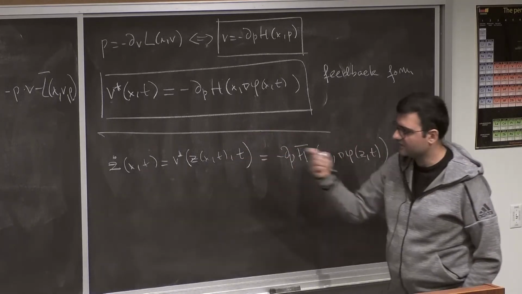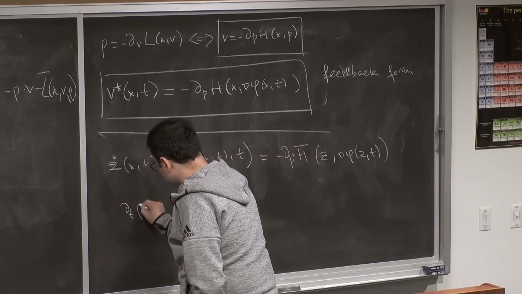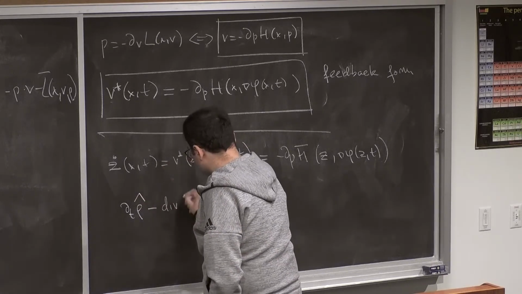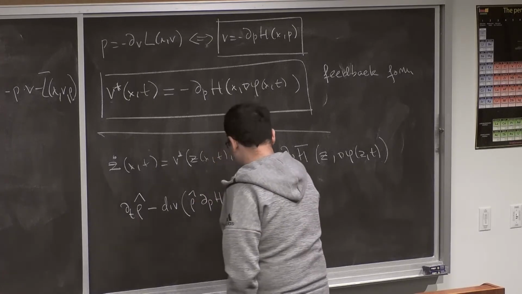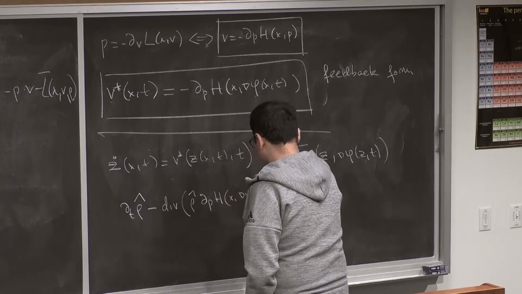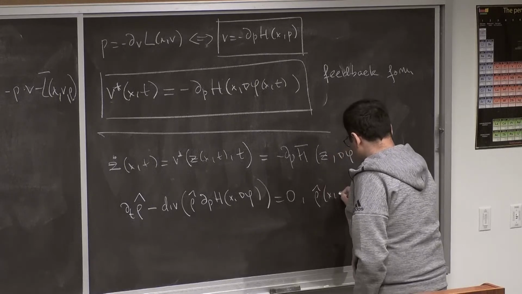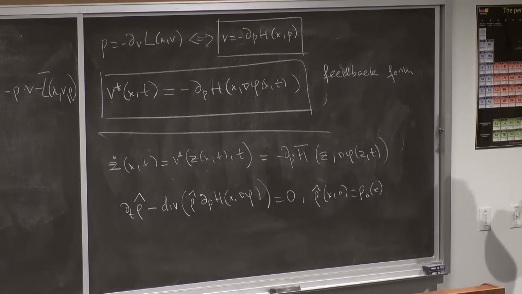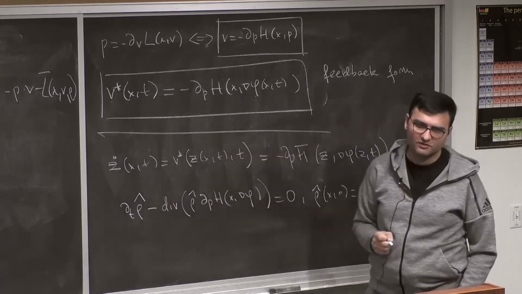The equation for their distribution will be the continuity equation, which is minus divergence, equals 0, and let's say they have some initial distribution, rho 0 x. And I put rho hat on purpose because a priori we don't know whether rho hat agrees with rho, right?